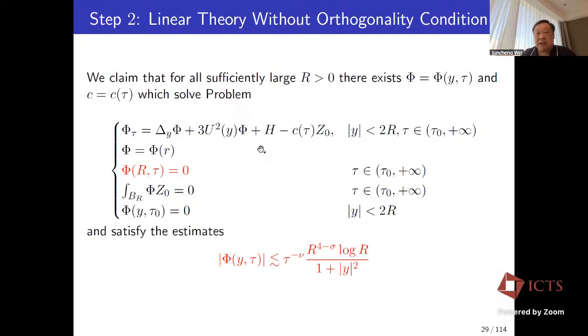In this linear theory without orthogonality condition, you lose r to the 4. Even near the boundary it is like r square, so you lose a lot of r's if you don't have an orthogonality condition. So the main problem is now this step 2. Let's try to prove step 2.